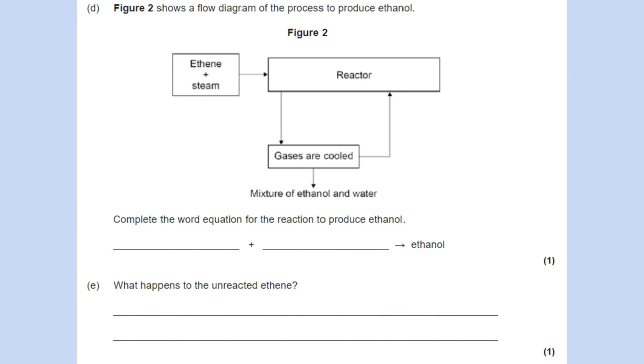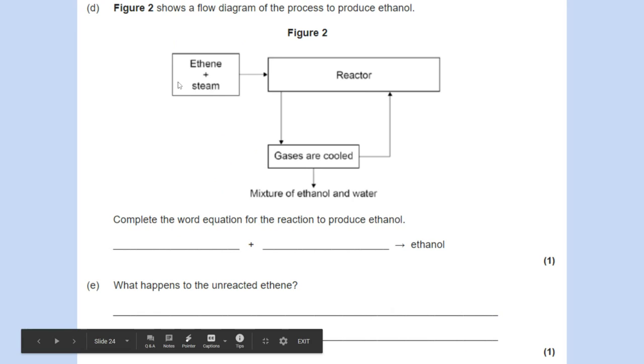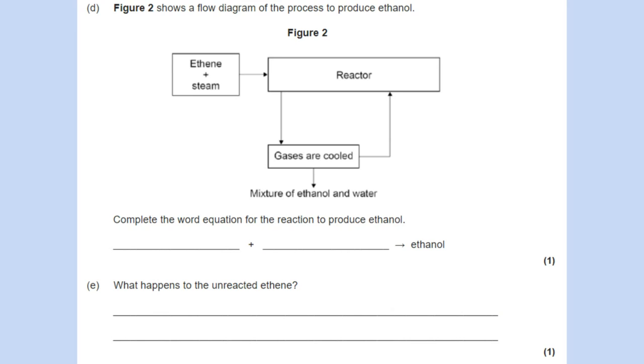Okay, so the first part, the word equation for the reaction to produce ethanol, if you follow the diagram, it gives you a massive clue. And then it also asks what happens to the unreacted ethene.